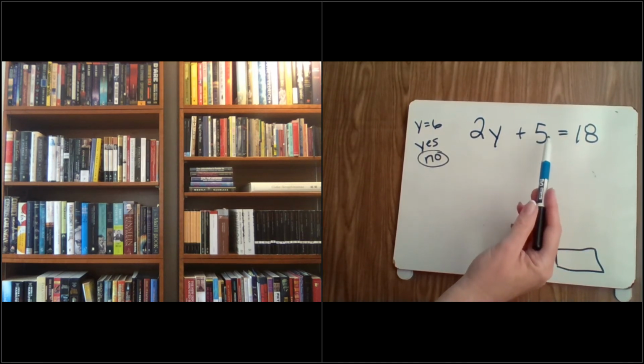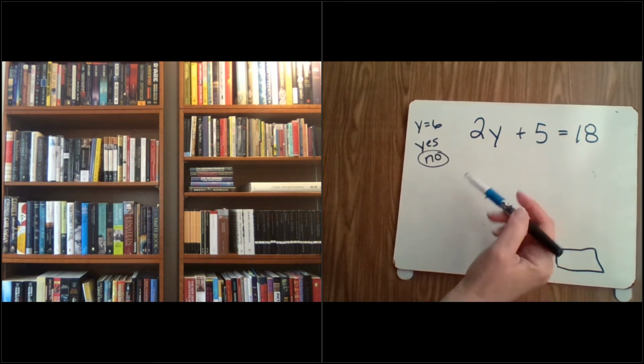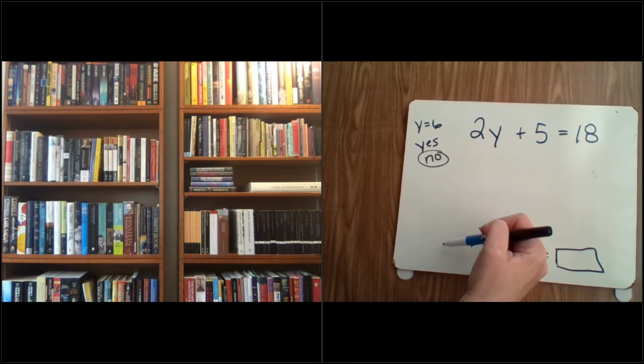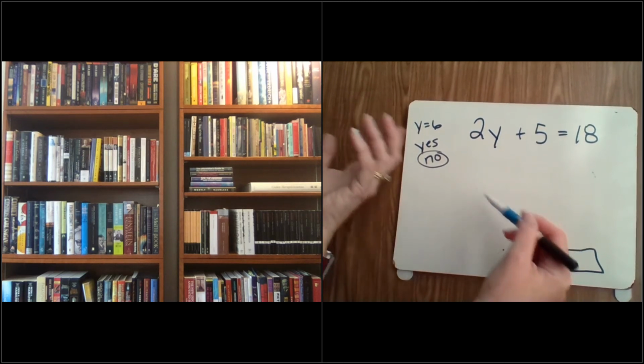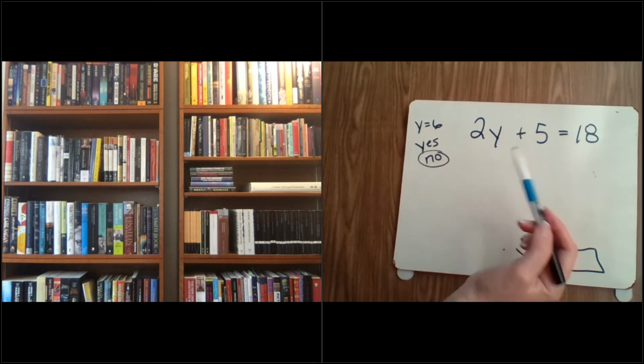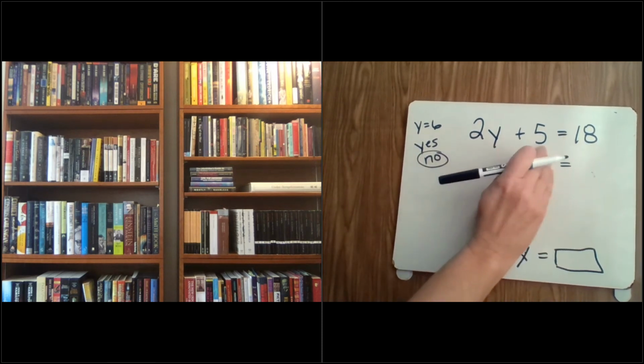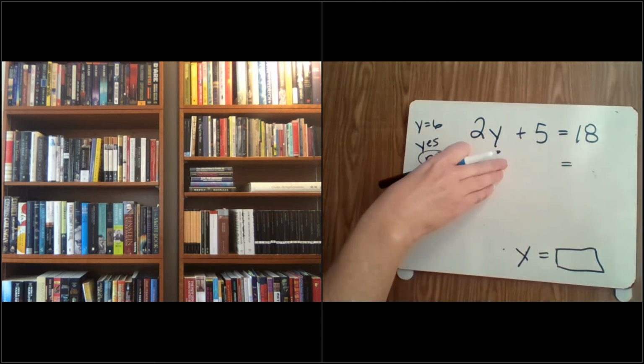Addition and subtraction of a number needs to be moved first. We're working through that PEMDAS, if you're familiar with order of operations. When we're undoing, we kind of have to work backwards. So I have to undo any addition or subtraction first. That means my plus 5 is on the wrong side of the equal sign.